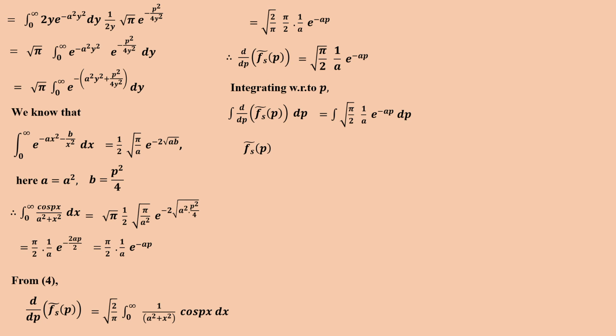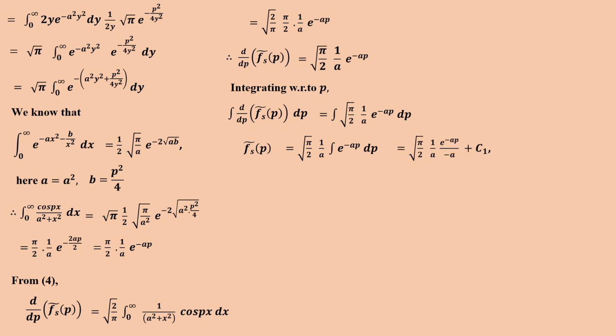Instead of x, we have fs bar of p. The integral of the derivative of fs bar of p is nothing but fs bar of p, which is equal to, root pi by 2 is a constant and 1 by a is constant, so take them outside the integration: root pi by 2 into 1 by a integral e power minus ap dp.